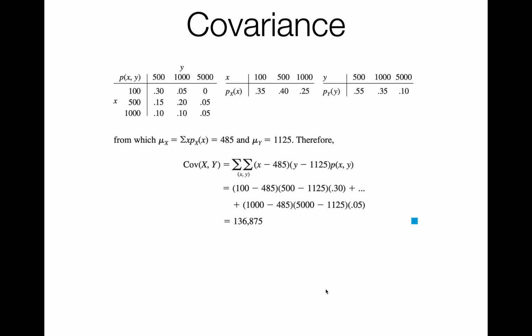And so here they did the calculation for the covariance, and the covariance is 136,875. Right? And so that is a very large number.